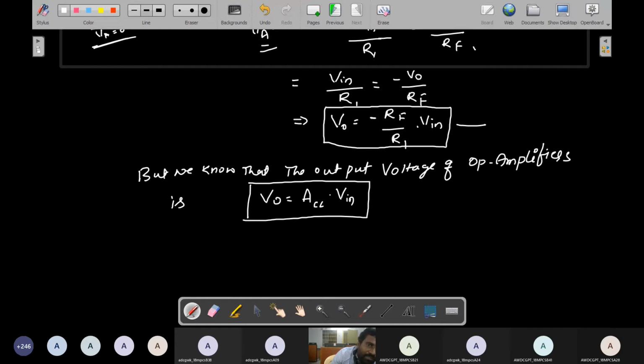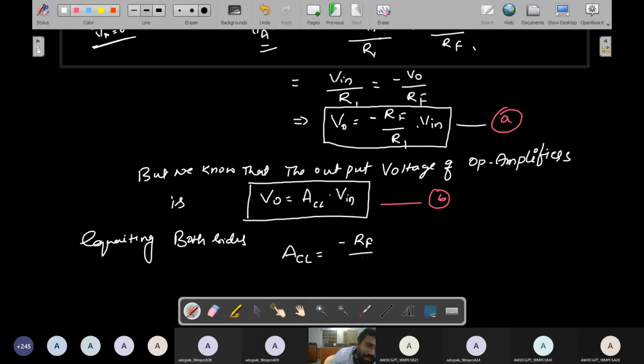So this is equation A and this is equation B. Simply equating both sides, V naught is the same, Vin is the same, but only the difference is ACL. Therefore ACL is equal to minus RF divided by R1.